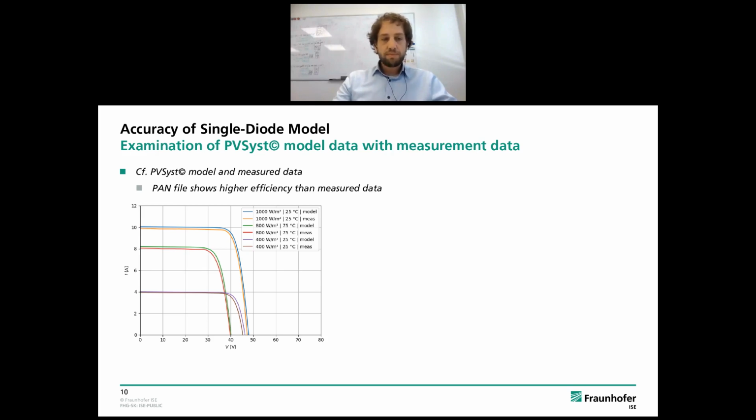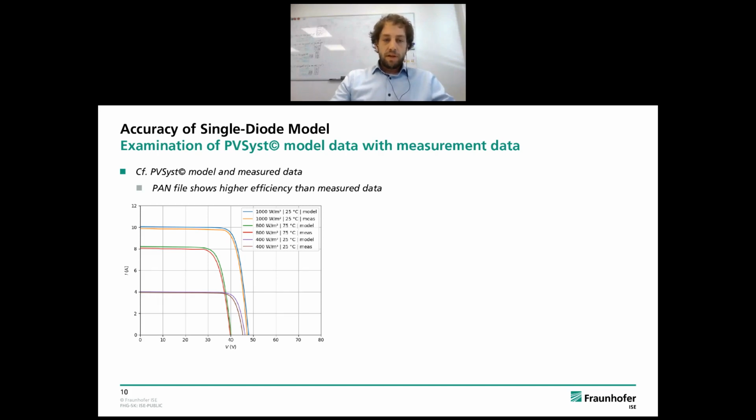And inside the program, every module is modeled using the single diode model. Before we started, we took a closer look at that because we were not sure if this model really represents today's modules correctly.